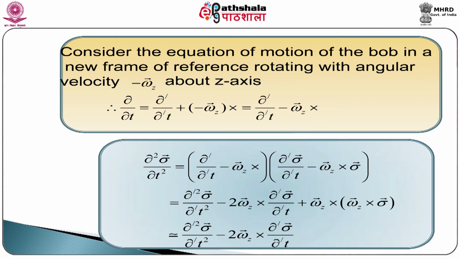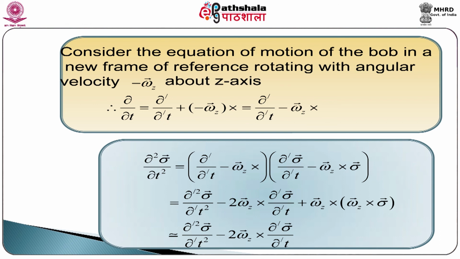Now, the second order partial derivative of sigma with respect to time t can be written in terms of the new operator, which is ∂'/∂t' minus omega_z vector cross operated on ∂'σ vector/∂t' minus omega_z vector cross sigma vector.